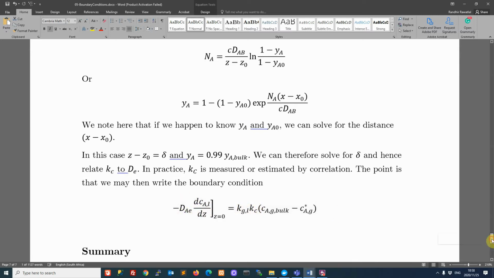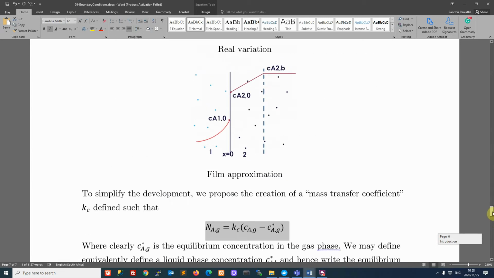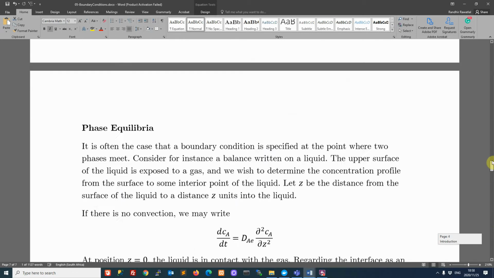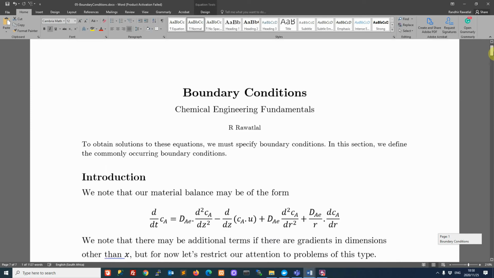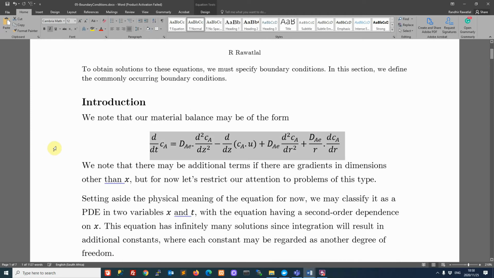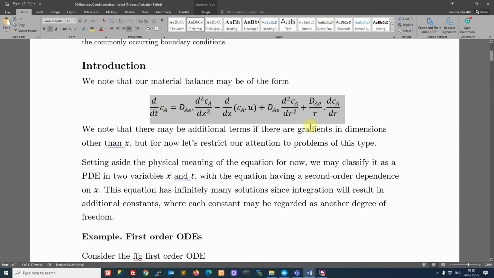All right, so we have all the possible boundary conditions that can occur in problems of this nature. And so we hopefully have the confidence now that when we are presented with our partial differential equation, when we've done our material balancing and we've determined how the differences in each variable is related to the differences in the other variables, that we are then able to specify enough conditions around that situation and then go on to solve that.